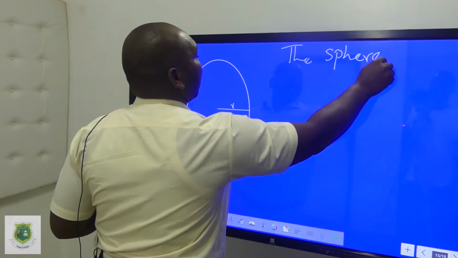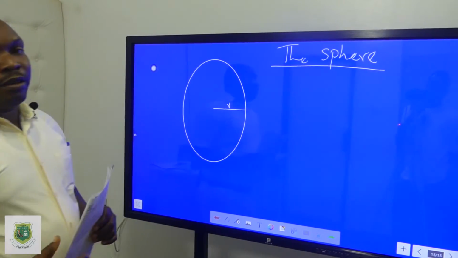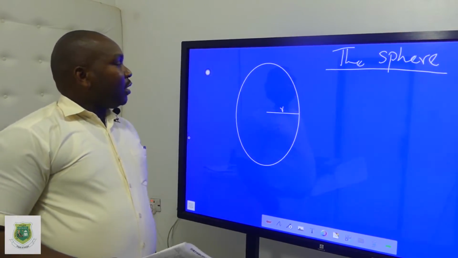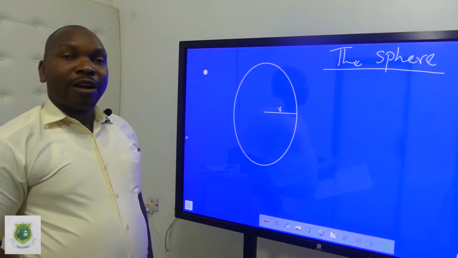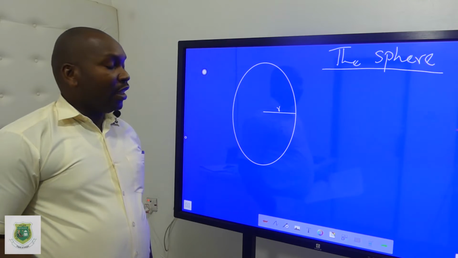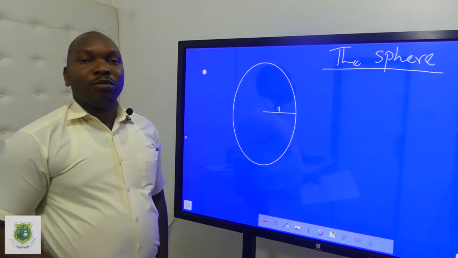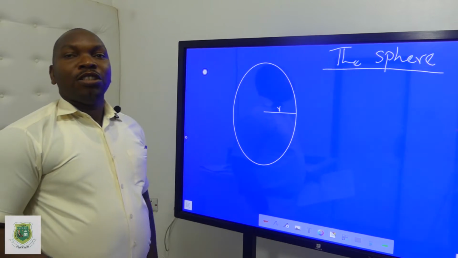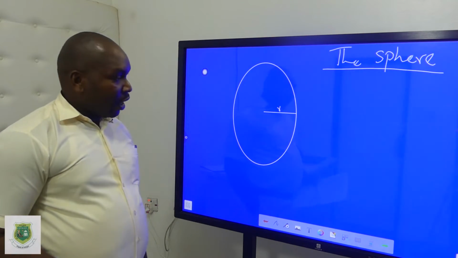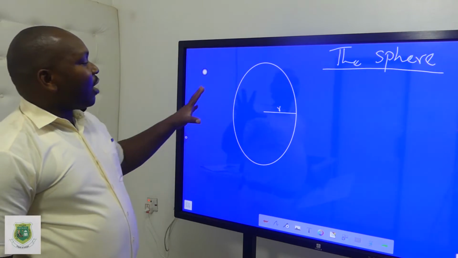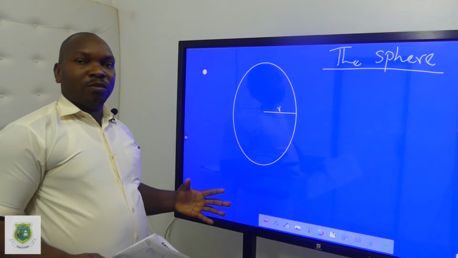The sphere is another shape we are going to discuss today. As you can see, it's like a circle, but it's not a circle. There is a difference between a sphere and a circle. A sphere is a solid shape object or figure, but a circle is not.